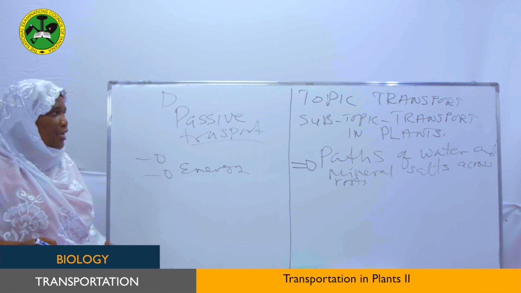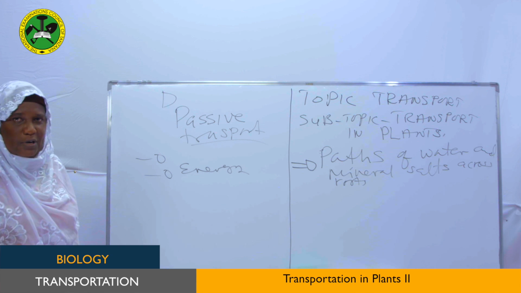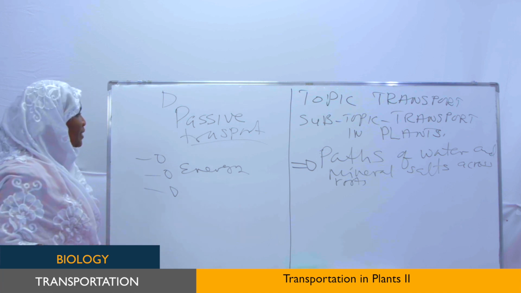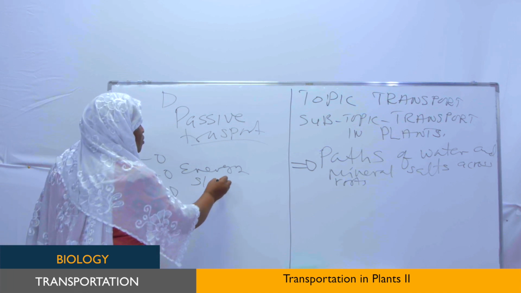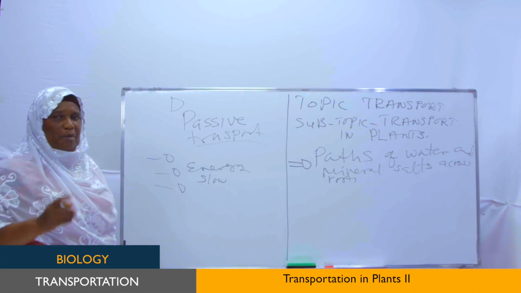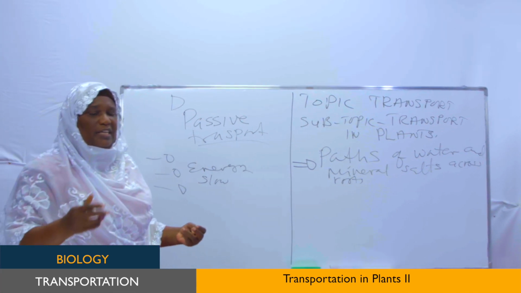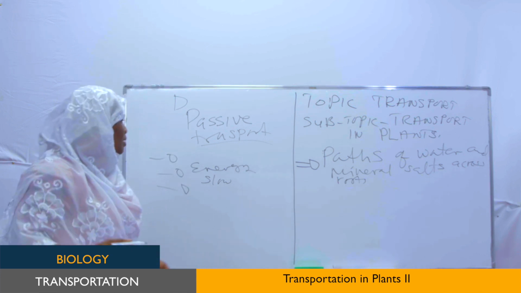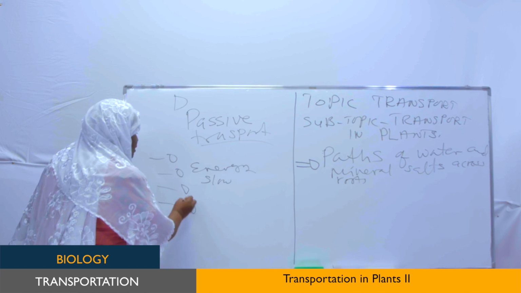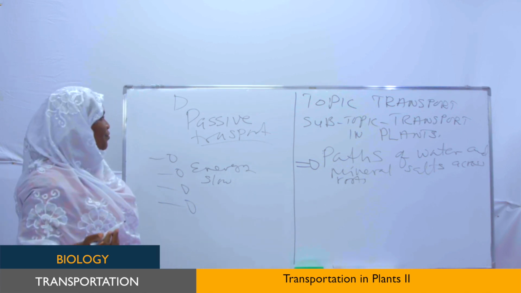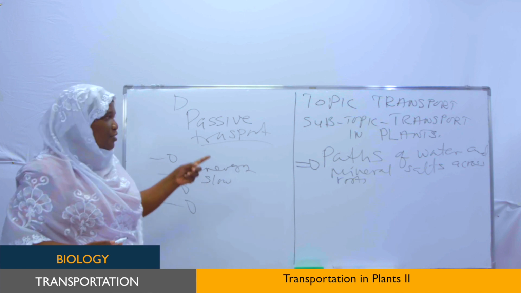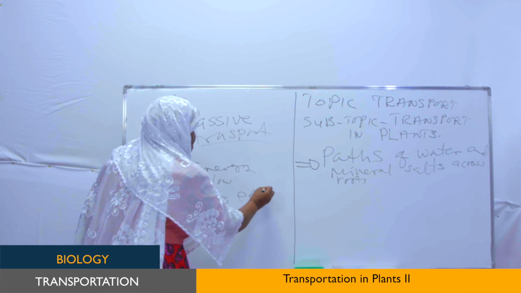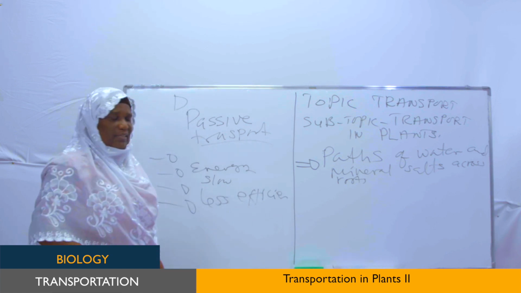Energy is not employed in a passive transport, and the process is slow. When I say slow here, I mean that movement of materials is not rapid compared to active transport. And when we compare its efficiency with the active, this one is less efficient. Less efficient.